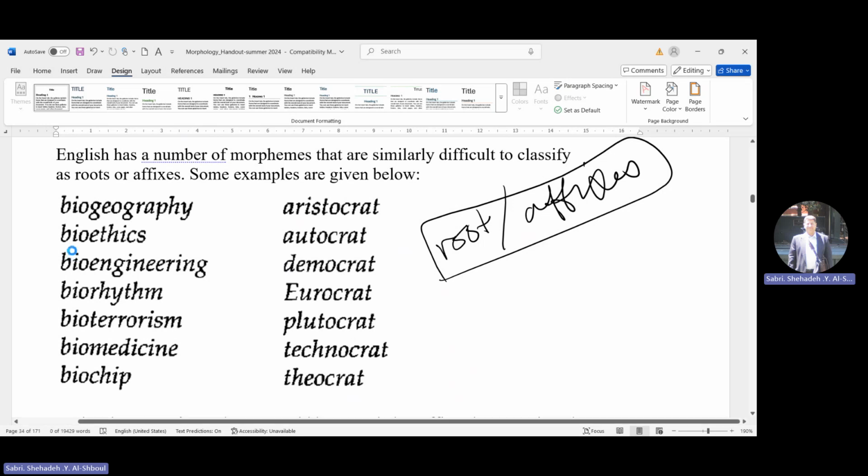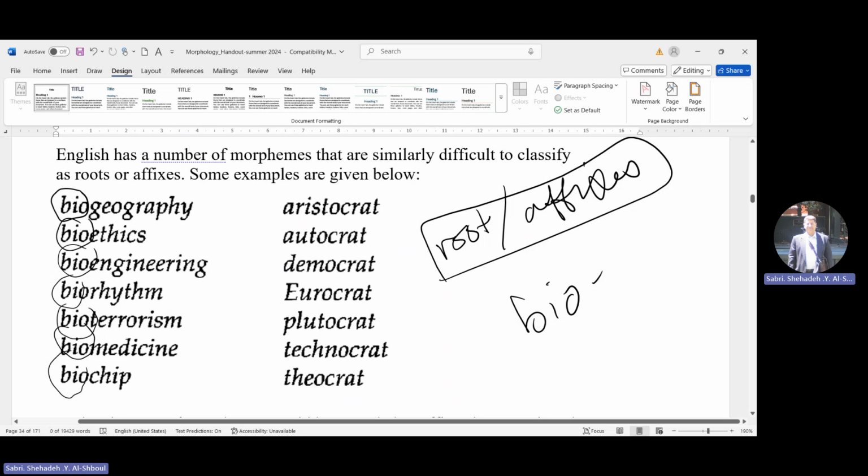So here we have biogeography, bioethics, bioengineering, biorhythm, bioterrorism, biomedicine, and biochip. So here we have bio in the beginning or in the initial position.